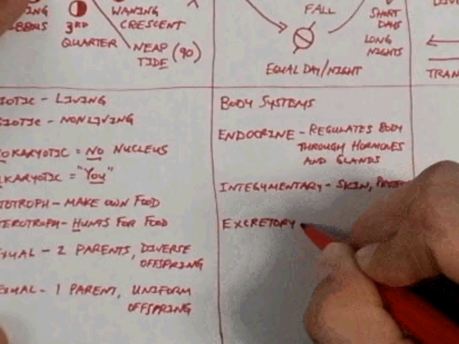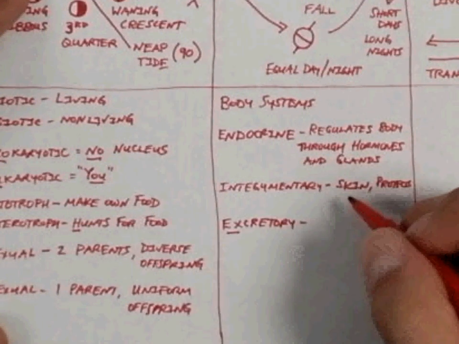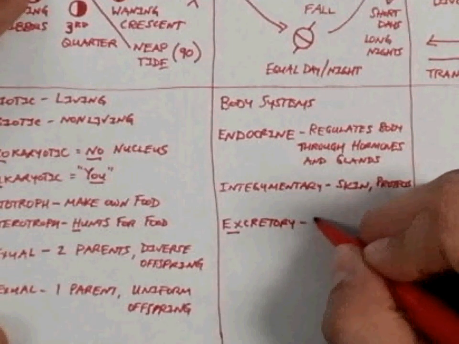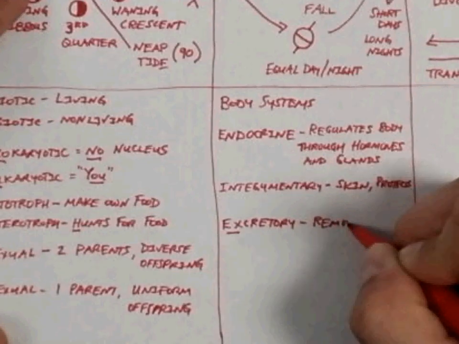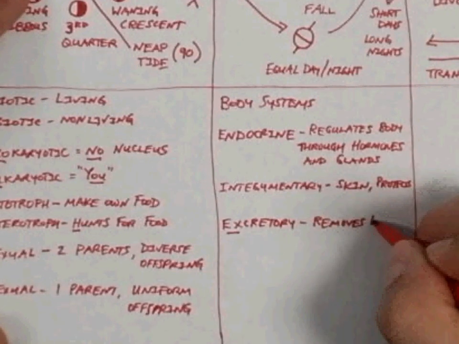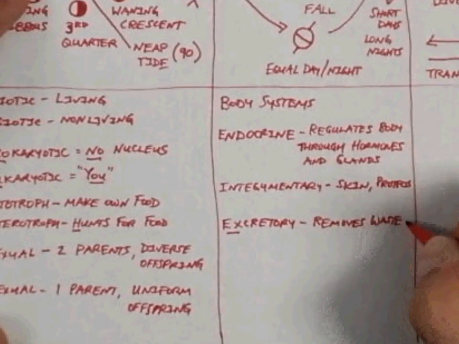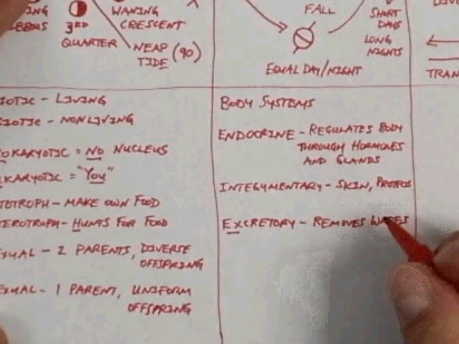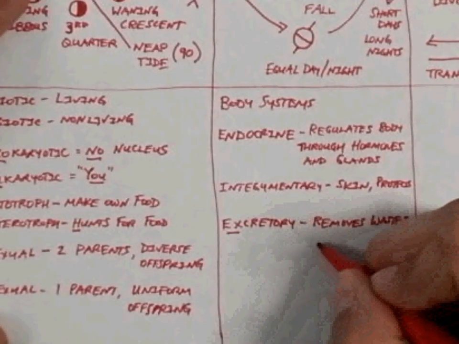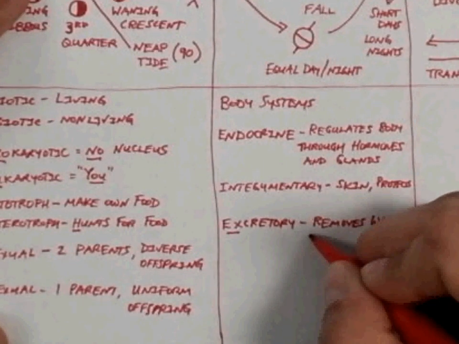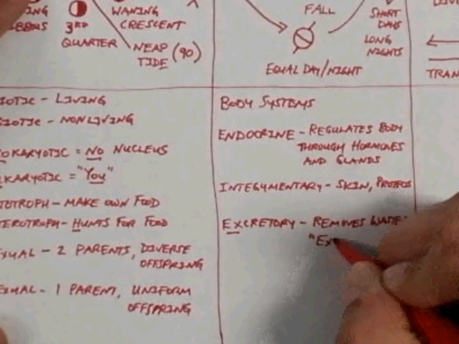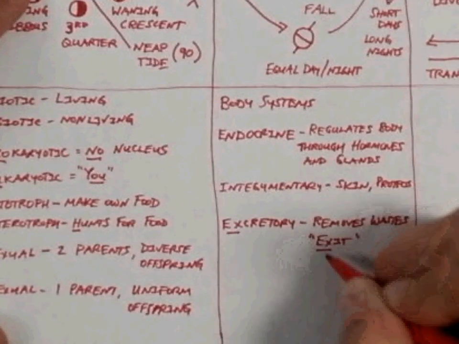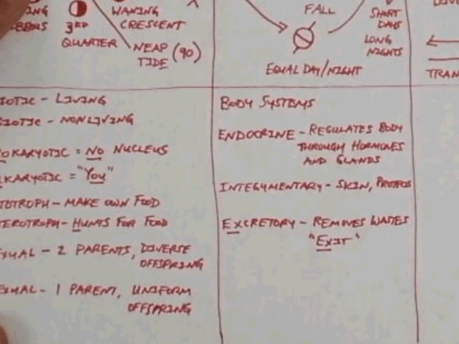In excretory, when I see EX, I always think of exit. The excretory system removes waste from your body through your kidneys. That's the organ that removes that waste. It filters the blood and removes the waste. When you go to the restroom, when you go number one, you're using your excretory system.